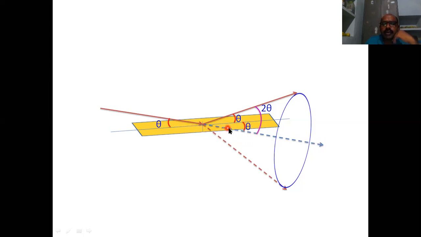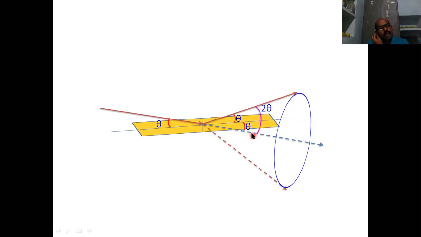Since these are straight lines, this brown one and the dashed line are straight, and this thin line is also straight. Obviously this angle is theta, and from this geometry, we know that the direction of the reflected or scattered ray is making 2 theta angle with the incident direction.